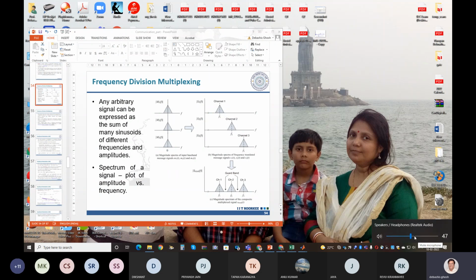The problem is that when two users are using the same medium and sending their voice, whatever the voice frequency, say up to 20 kilohertz, the audio frequency, then there is a problem, because I am using the same frequency and the other person is also using the same frequency. Otherwise there will be no problem. The two frequencies will always be separated out.